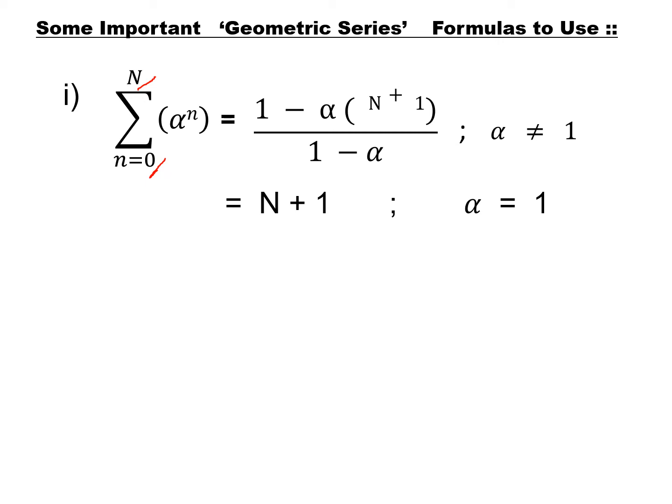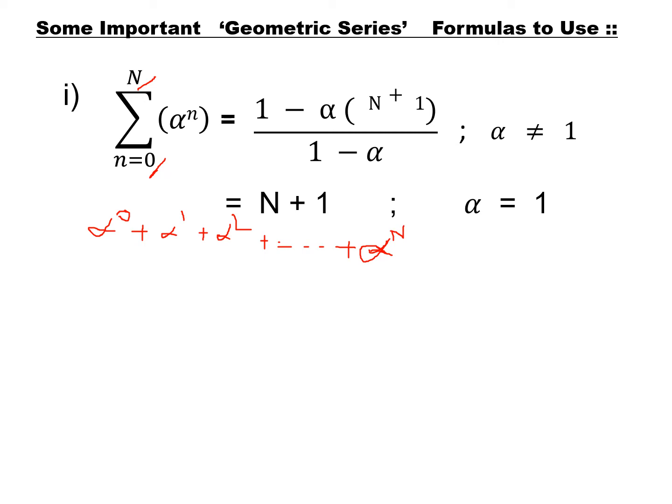Alpha is some constant, to the power of the variable n, n ranging from 0 to N. If you want to add alpha to the power of 0 plus alpha to the power of 1 plus alpha to the power of 2, and so on, up to alpha to the power of N, the upper limit, then all of alpha to the 0, alpha to the 1, alpha squared are to be added.